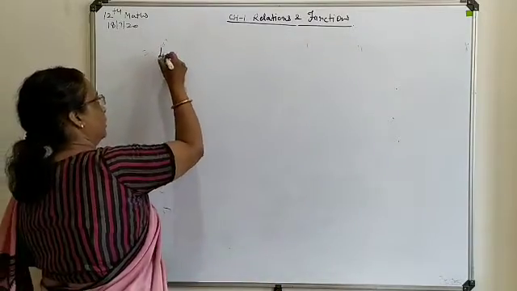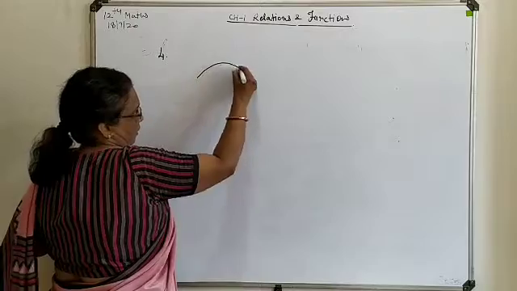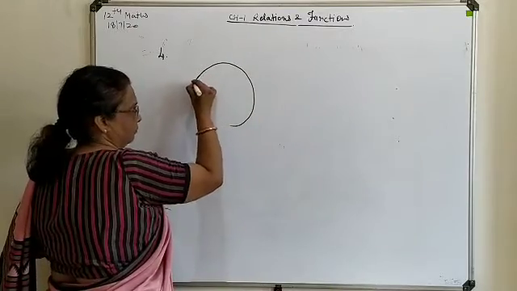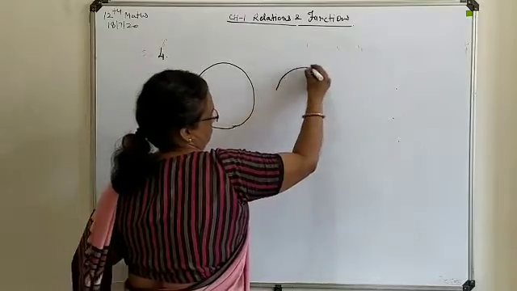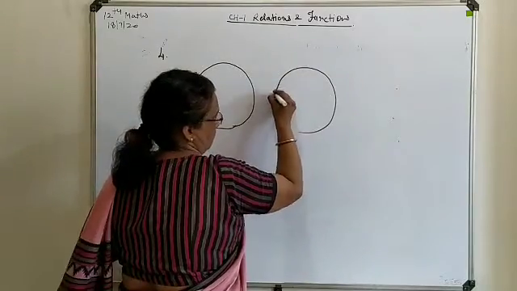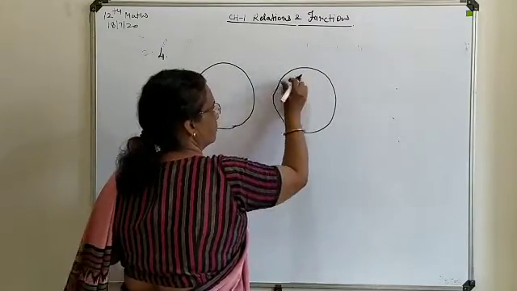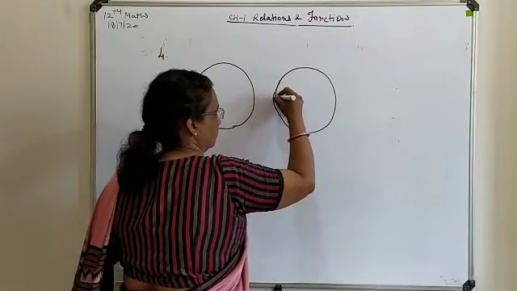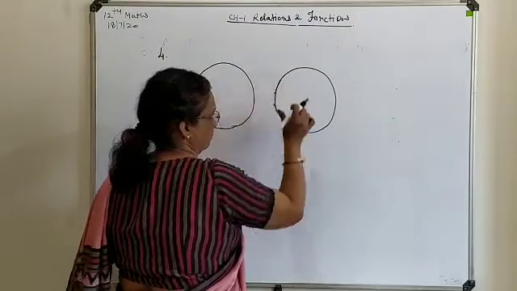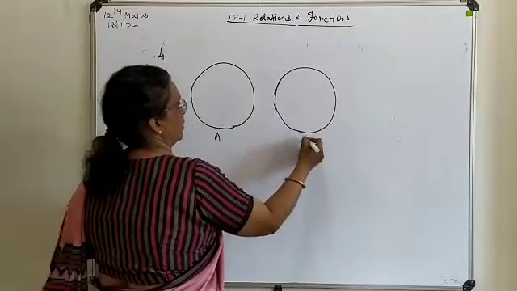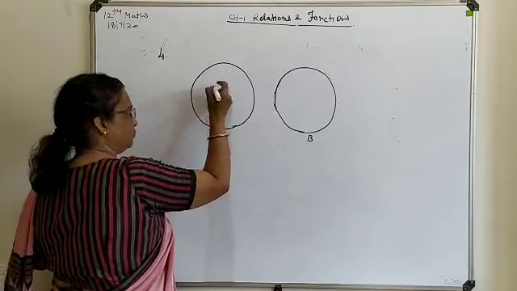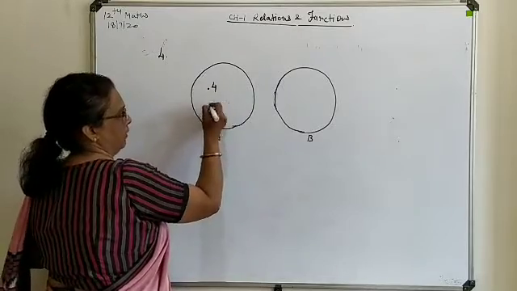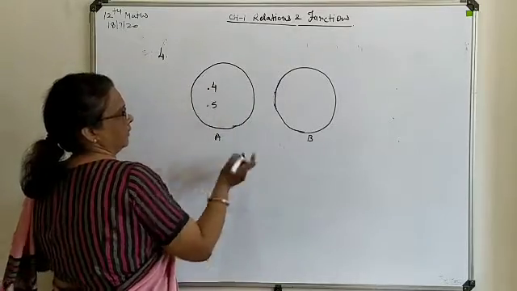So the fourth criteria: this is your set A, this is set B. Here, suppose 4 we are having, anything else we are having here, like that.